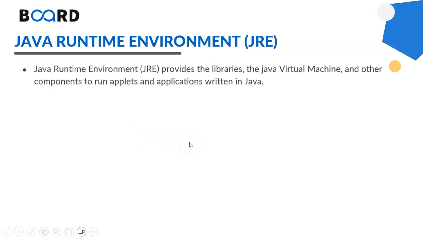JRE is basically the Java Runtime Environment, also written as Java RTE. The Java Runtime Environment provides all the libraries, the Java Virtual Machine and the other components used to run applications written in Java.